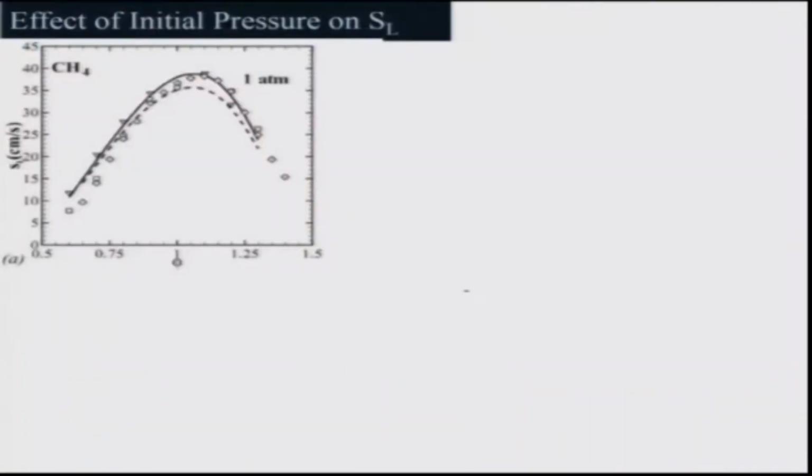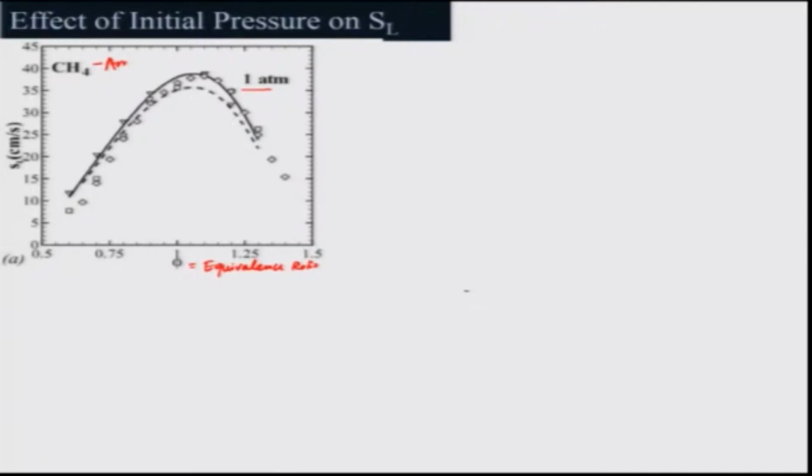And let us look at the effect of initial pressure. If you recall, we had seen this data of laminar burning velocity with respect to the equivalence ratio. Phi is your equivalence ratio for 1 atmosphere pressure, and this is for the air system. We will be considering this methane air system, increasing the pressure and seeing what is happening.